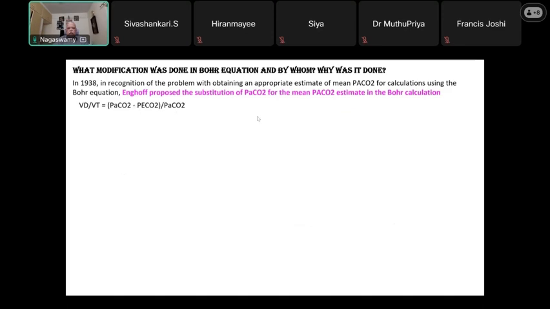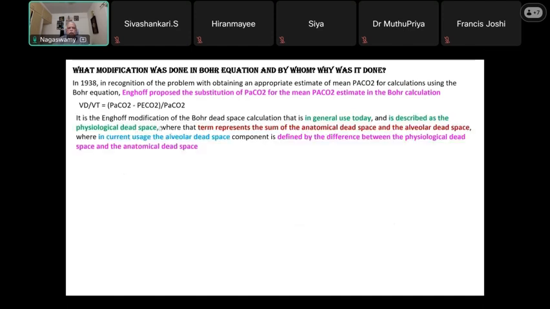But measuring the exact amount of carbon dioxide in the lung means you have to put a catheter into the alveoli and measure the pressure of carbon dioxide there. Instead, once they got the blood gas machine, they were able to correlate the relationship between the arterial carbon dioxide and the alveolar carbon dioxide, and that gave the modification.